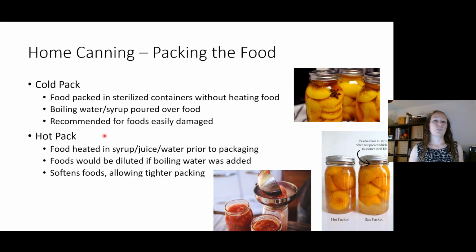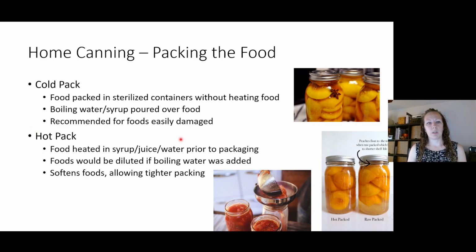So there's two ways that we can pack the food. The first is cold pack. So in this type of packing the food, you put it in your sterilized jars without heating the food. Okay, you just put those raw peaches directly in. And then you pour boiling water or syrup over the food.